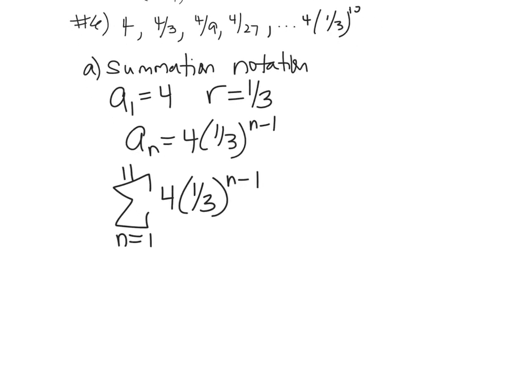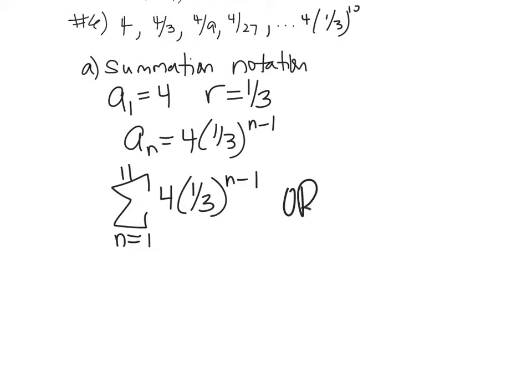Now, if you didn't want to do it that way, you could do summation notation starting at 0, okay? But then you're going to have to use a sub 0 formula, which would be 12 times 1/3. No. You start at 1 still, right?